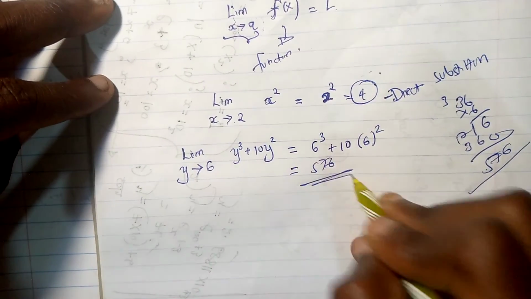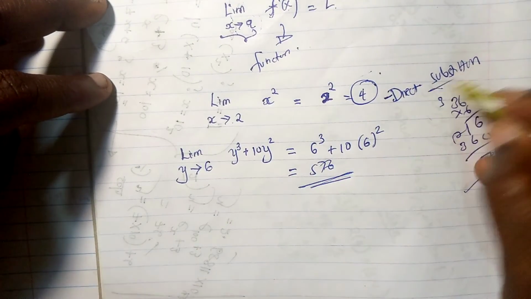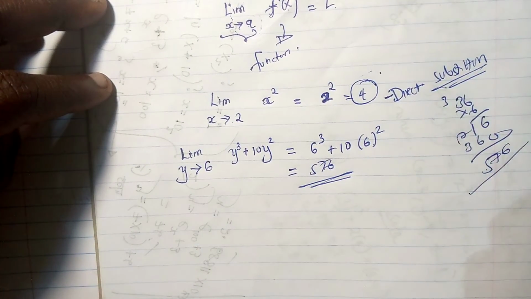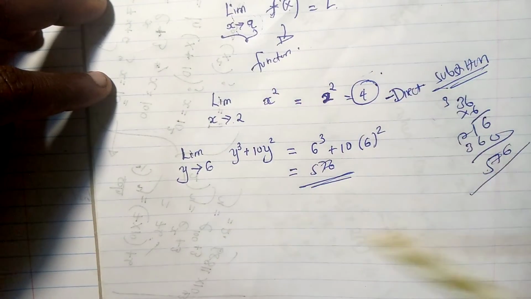So this method is known as direct substitution, and with it we are able to evaluate limits.